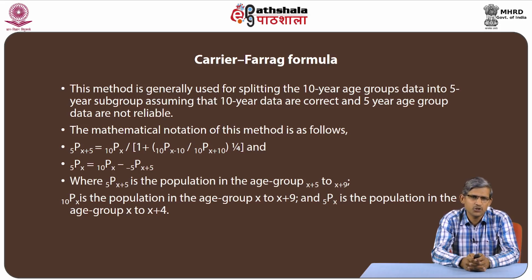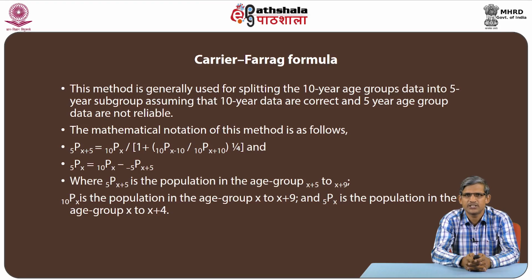A mathematical function is used to split the 10-year age group into 5-year age groups rather than taking directly the available 5-year age group from the census or surveys. The formula is simple, can be easily adopted, and can be used to estimate the corrected population at a particular age group.